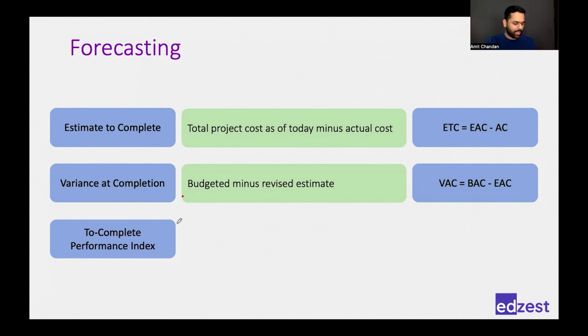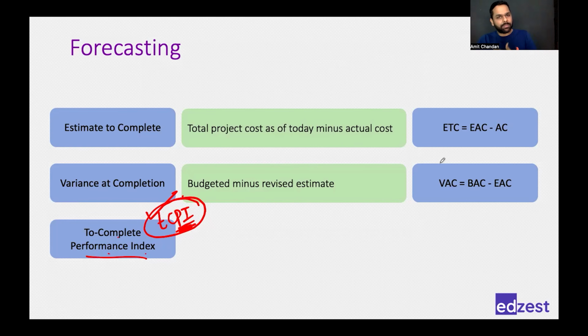Another term is called to complete performance index. Okay, if you look at it in a way to say TO complete performance index, TCPI, it just gives us a better meaning. So it says what is the cost performance index I need to complete the project within budget.